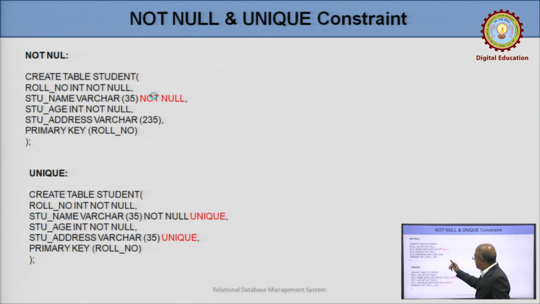So, the table will maintain the uniqueness on the student name, and secondly student address will also be unique. This is how we have enforced some constraints while creating this table.